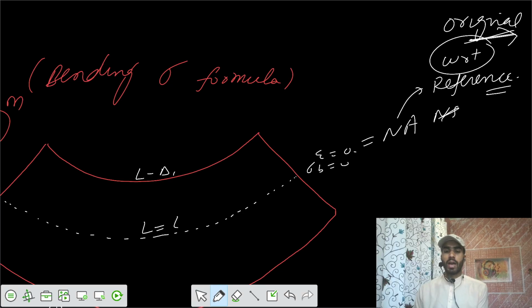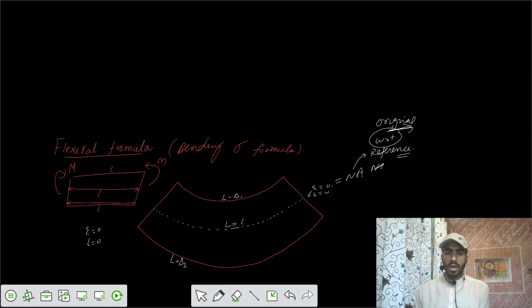The curvature formed is in the form of an arc of a circle. If you draw a circle by connecting these points, a circle has formed.